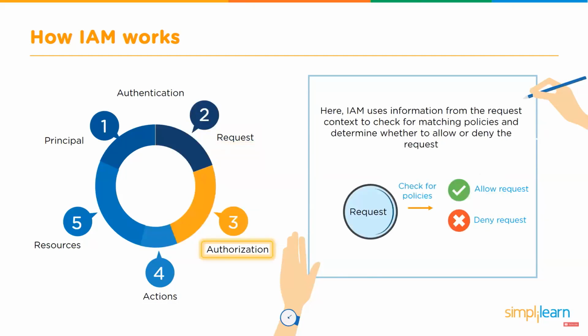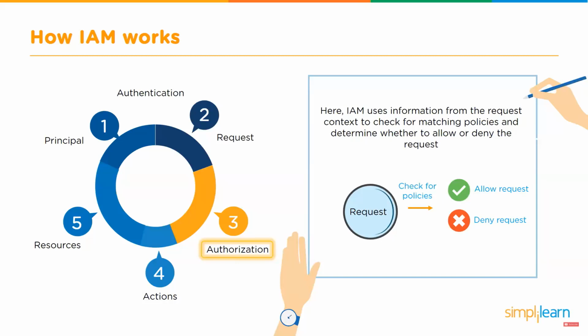Authorization. IAM uses information from the request context to check for matching policies, and it takes a decision whether to allow or to deny the request. Here it has a logic. By default, all the resources are denied, and IAM authorizes your request only if every part of the request is allowed by a matching policy.